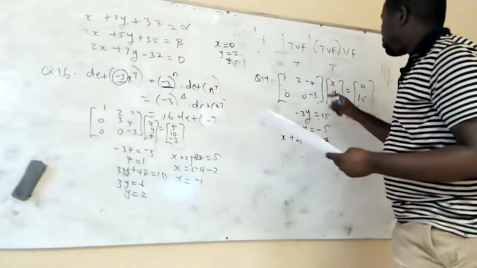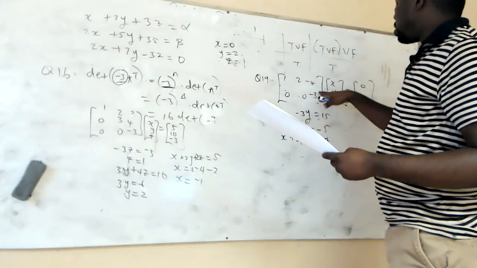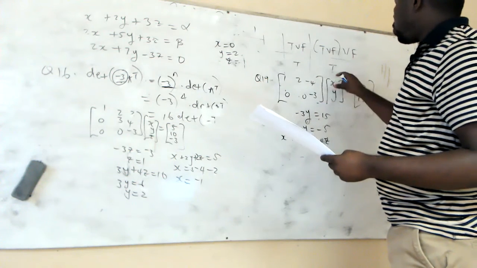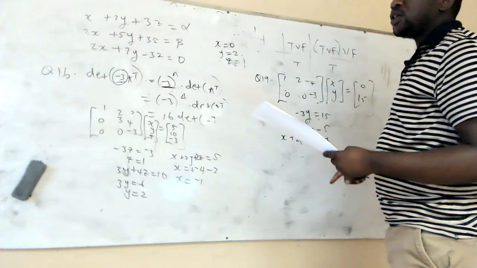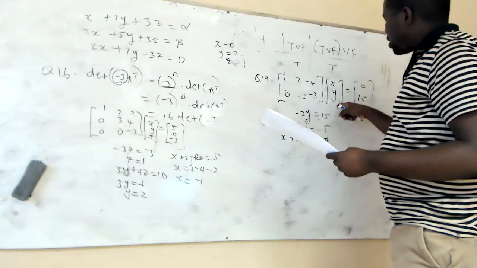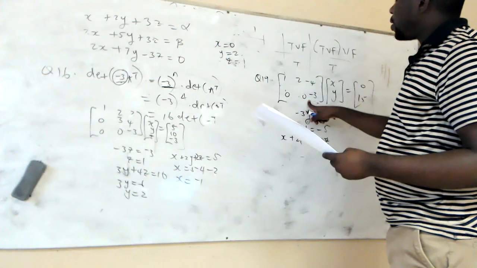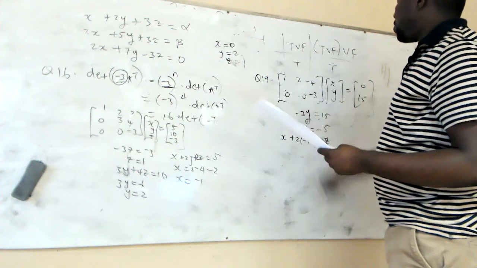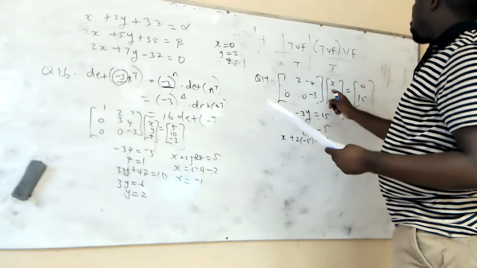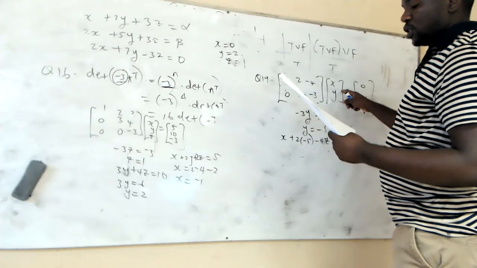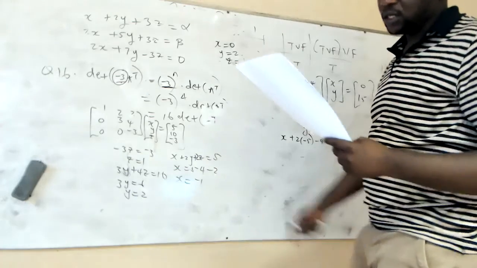Because we have few unknowns as compared to the number of equations. Am I right? In this situation, we have 2 equations and 3 unknowns. Yes, that is fine.